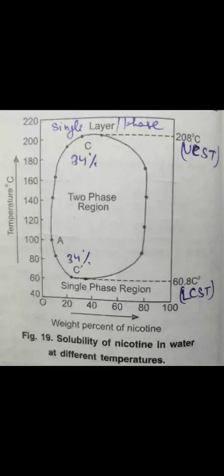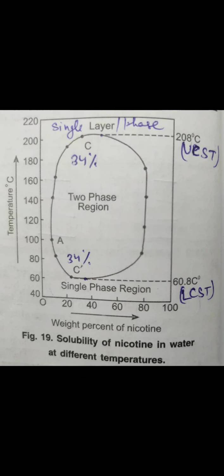It means that if I lower the temperature of nicotine water system below 60.8 degrees Celsius, then the two layers will again start merging with each other, and below 60.8 degrees Celsius only one layer will be there.